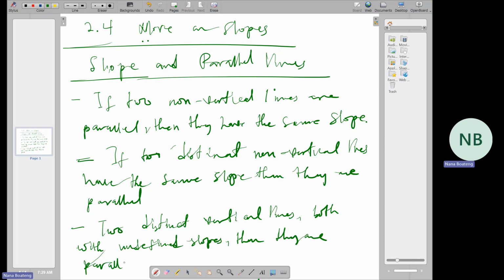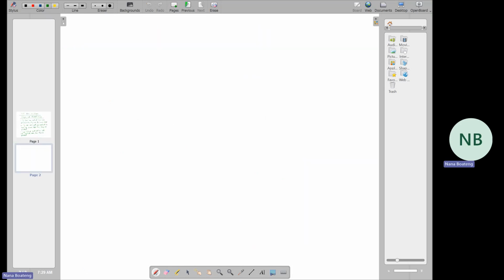So these are some important points that we need to know about the relationship between parallel lines and their slopes. All right, so let's look at our first example.